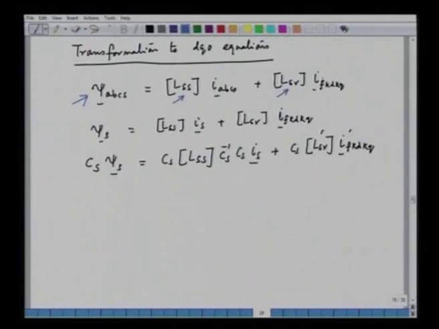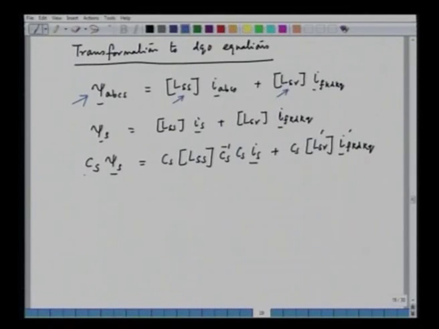They are the field winding current, the D axis damper and the Q axis damper, and we can pre-multiply this equation by Cs, because we want to transform this into DQ variable, and to transform into DQ variable we have to have the transformation matrix, and the transformation matrix in this case is Cs, and Cs involves theta r, the rotor position.